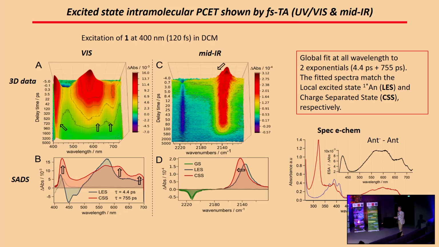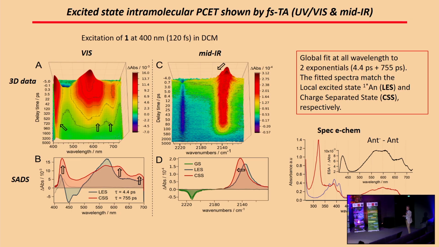So we found this by looking at the femtosecond visible and mid-infrared. It was relatively straightforward. We had a local excited state on the anthracene, which lived on the time scale of 5 to 20 picoseconds, depending on which complex we looked at. And that was easily recognized as an anthracene with stimulated emission.